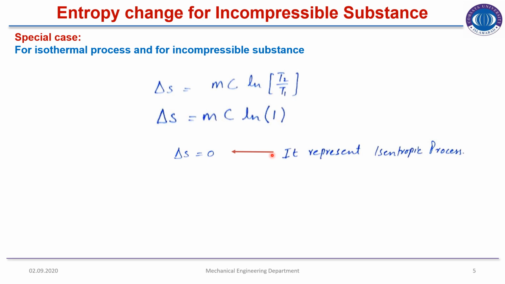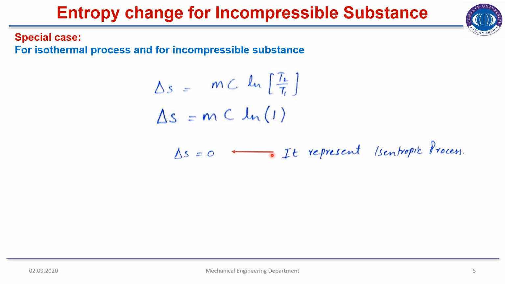And at that point I told you that to be an isentropic process, a process needs to satisfy some characteristics, that the entropy remains constant during that process. So here is another example of an isentropic process, the special case: an isothermal process for an incompressible substance.